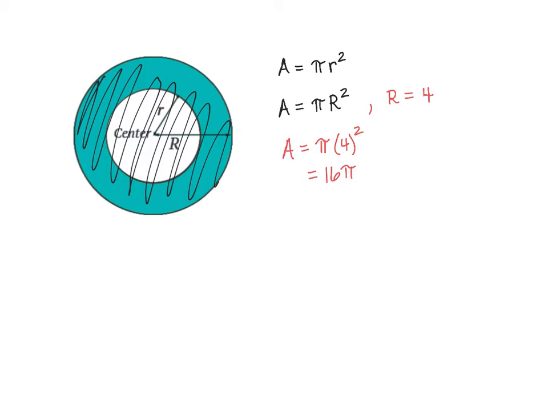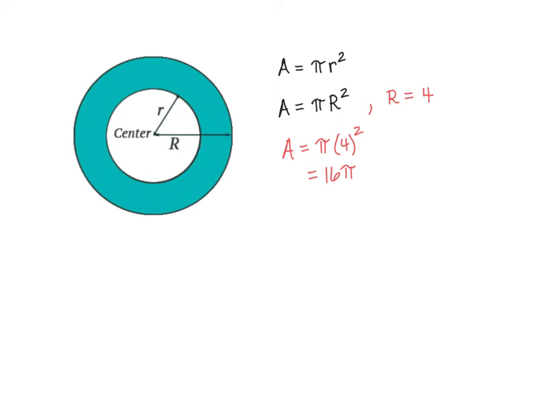To get the area that I'm after, I'm going to erase for a moment. So I found that bigger area, and now I need to find just the green, but my issue is I've got this opening right here, right? And I've got to get rid of that because that is obviously not part of the shaded area that I'm after. So I'm going to calculate that area using the same formula.